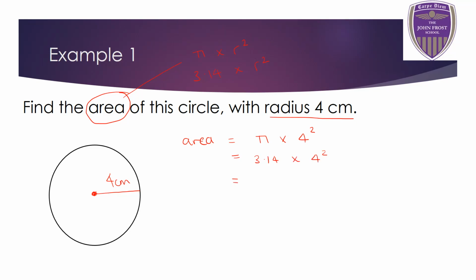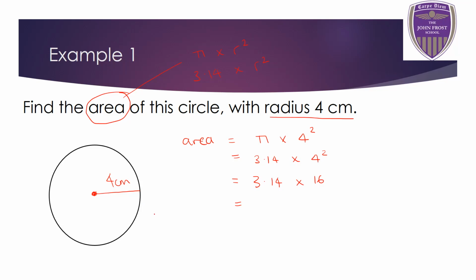Please make sure when you're typing that into your calculator, you're not typing in 3.14 times 8, because 4 squared is not 8. Remember, squared means times by itself. So it's actually 3.14 times 16, because 4 squared is 16. But if you type in 3.14 times 4 squared, you'll get the same answer anyway.